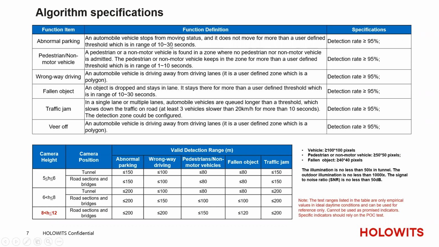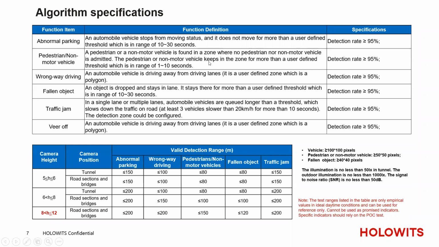If you want to set it longer or shorter, we don't recommend it, because the algorithm is based on deep learning, and we train the structures based on these thresholds. So in this range of 10 to 30 seconds, the detection rate is the best. The detection rate is more than 95%.